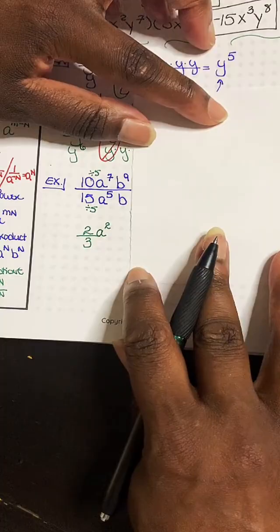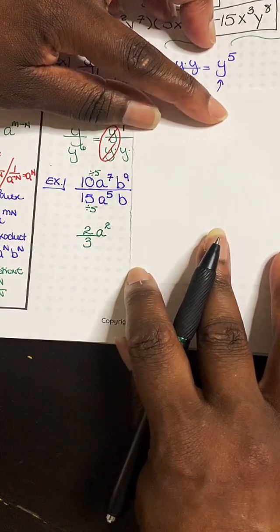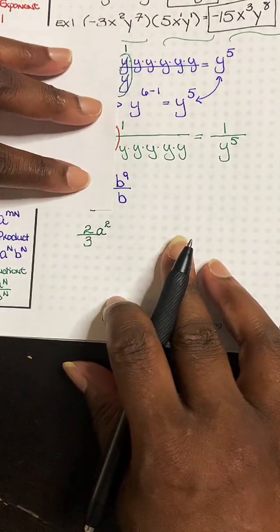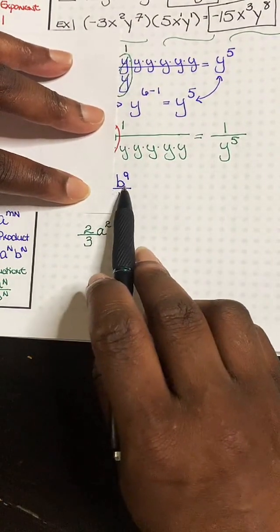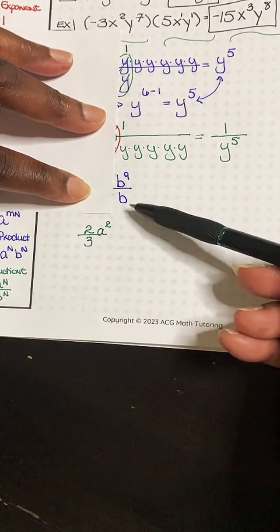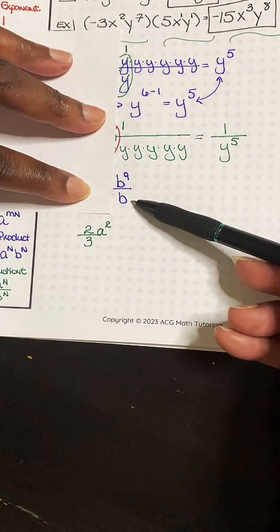Then sliding over to the B's. Okay, so now we're basically looking at the B's. There's 9 B's in the numerator. There's 1 B in the denominator.